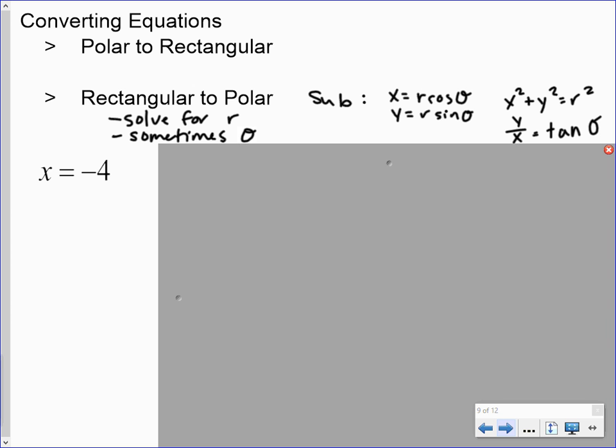But you're going to be thinking about some of these same things. So remember, r is equal to the square root of x squared plus y squared. You know that r squared is equal to x squared plus y squared. You can be looking for different things that you could sub in so that it goes back to rectangular. So you're going to be trying to put in the x's and the y's.